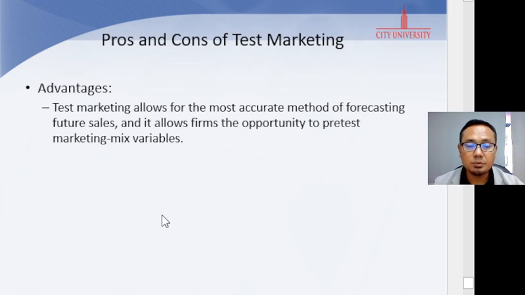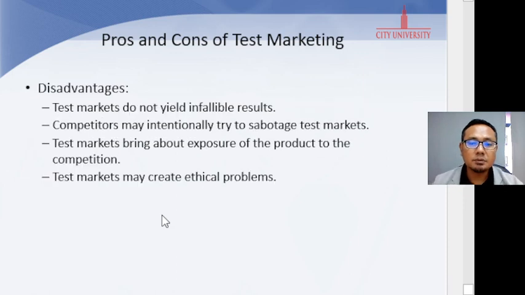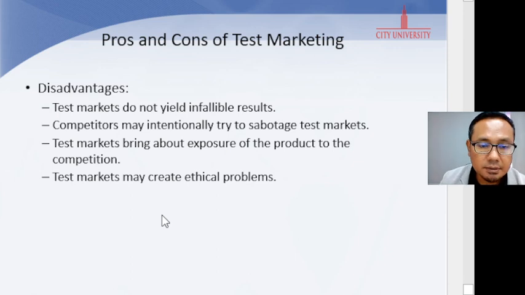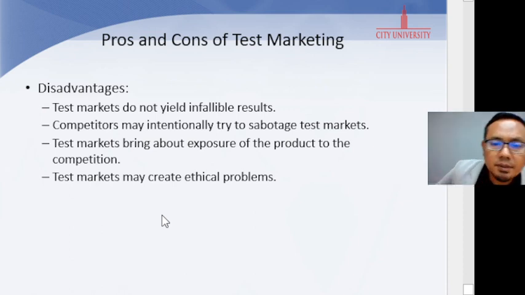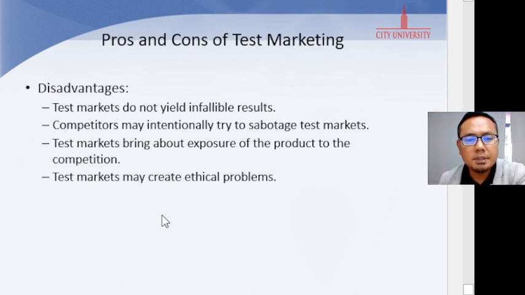Just in case you want to do marketing research, the advantage is that test marketing allows for the most accurate method for forecasting future sales, and it allows for the opportunity to pre-test marketing mix variables. And the disadvantages: test markets do not yield infallible results. Competitors may intentionally try to sabotage the test market. So these are all the disadvantages of test marketing.